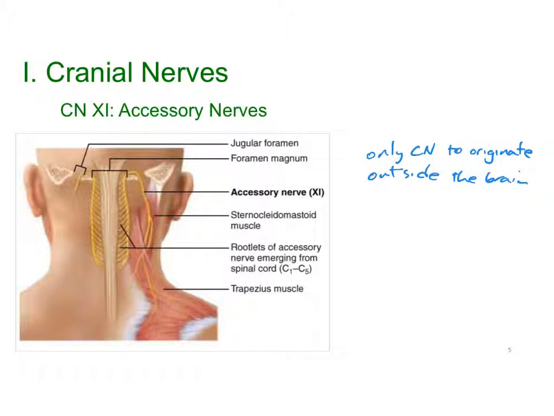Cranial nerve 11 specifically controls the muscles of the neck and upper back, which you can see in the diagram with it innervating the trapezius muscle and the sternocleidomastoid.